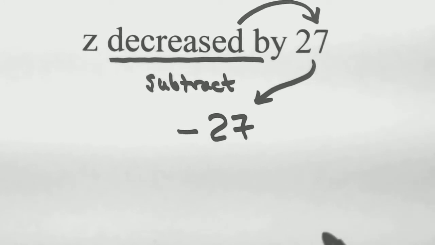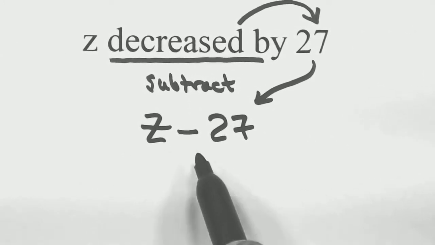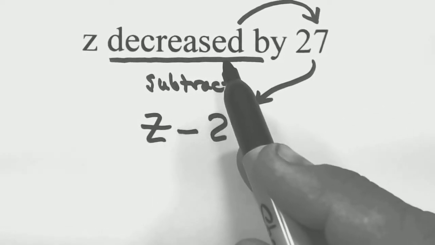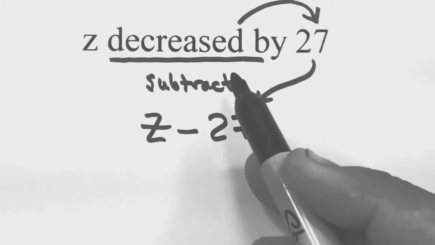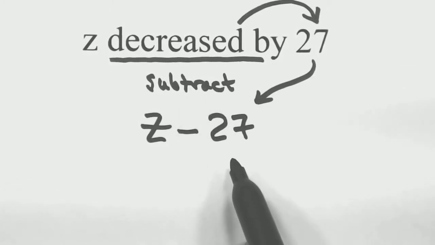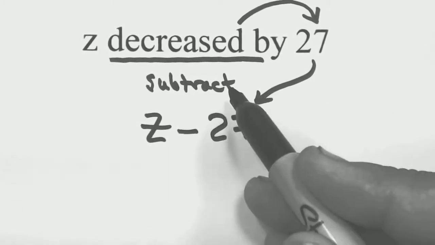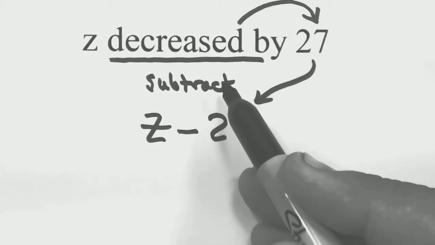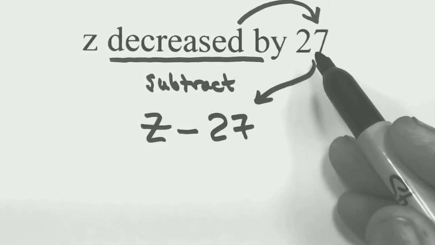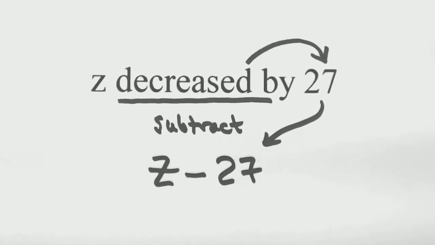The number that we started with goes out in front. So z minus 27 is the only correct way of being able to write down the expression for z decreased by 27. If you turn this around, it'd be entirely different. So remember again, any subtraction thing, with the exception of that special word difference, you have to figure out what's being subtracted, the 27, and that has to go behind the minus sign.